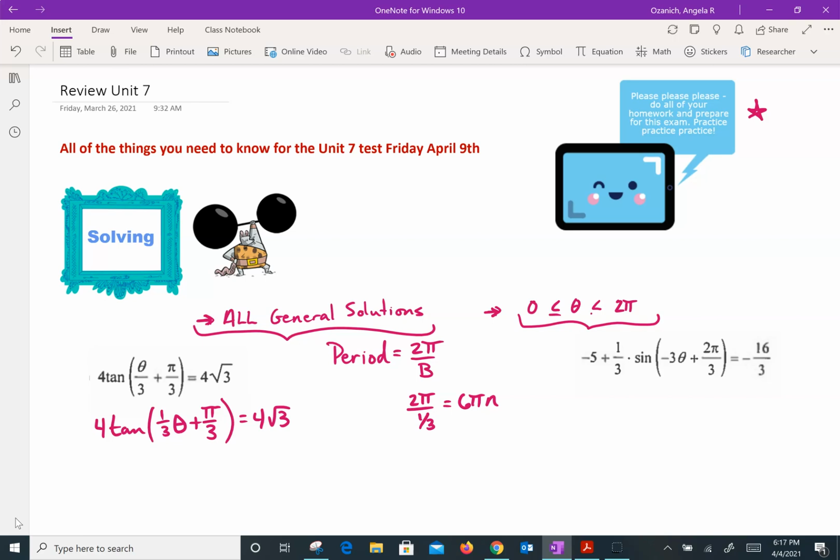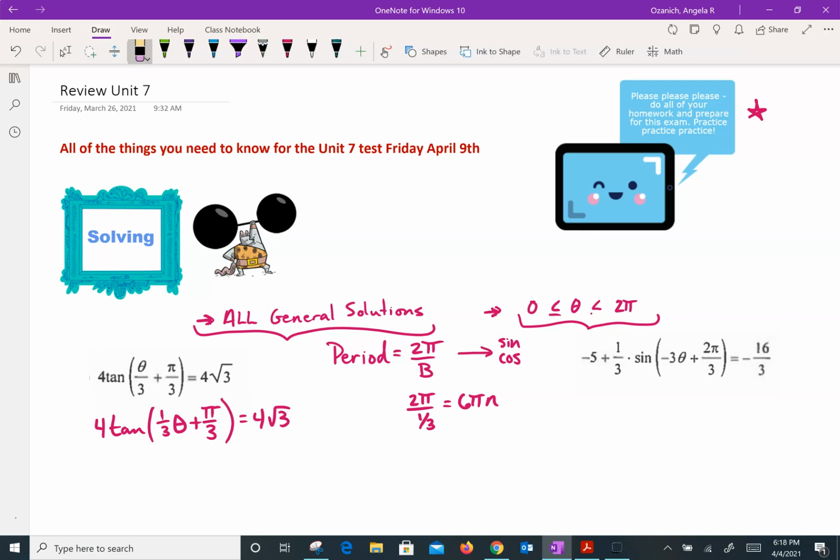Now, question for you. Typically, the period is 2 pi divided by b. That would be true if we were using sine and cosine. But I look back over here and I'm like, oh no, hey, that's tangent. That's tangent that I'm using on this function. So don't forget that if your equation is working with tangent, to find the period you want to take just pi divided by b.